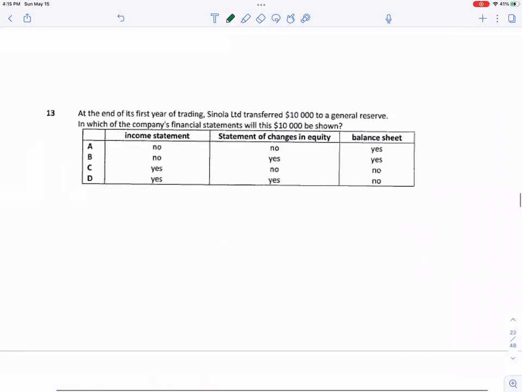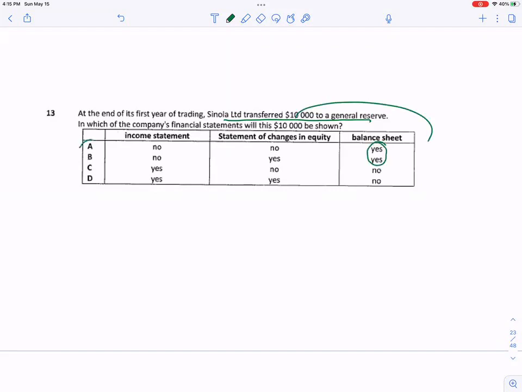Go to the 13th one. Sinola has transferred 10,000 to general reserves. In which of the company's financial statements will 10,000 be shown? Because it is transferred to general reserves, it will certainly be shown in the balance sheet.